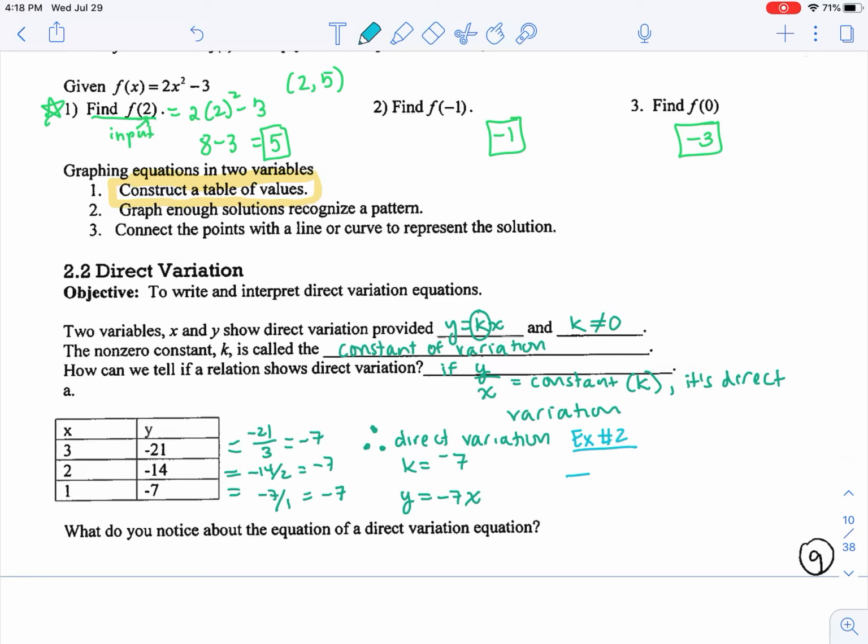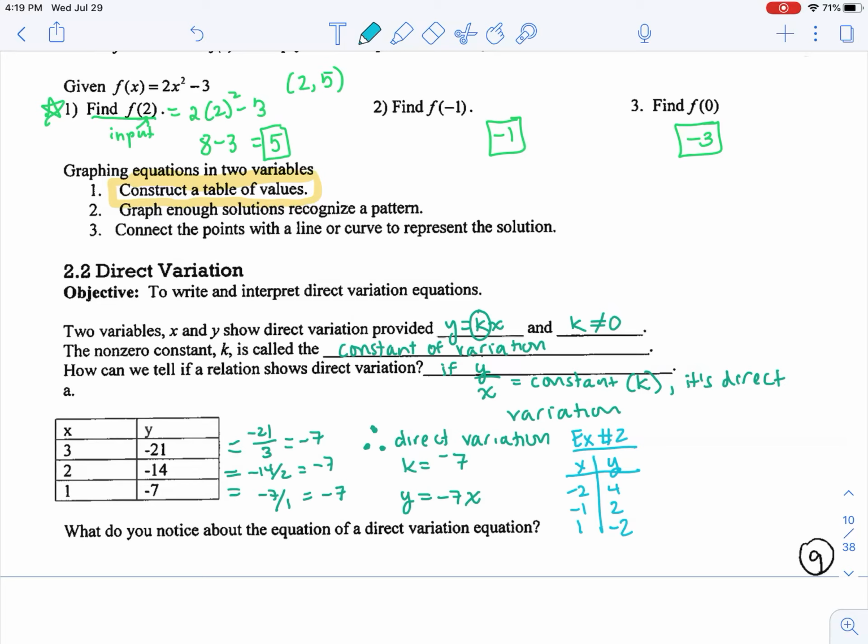So example number 2, let's do a table of values. And this time, after I put in the ordered pairs, -2, 4, -1, 2, 1, -2, I'd like you to find the constant of variation and also write the equation of this relation that is a direct variation, and I will tell you it is a direct variation.